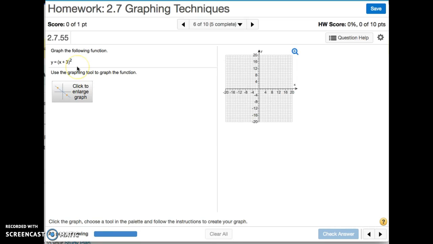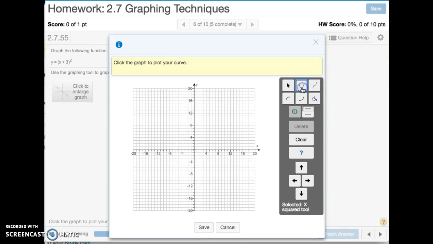Now this next question is quite similar to it. Y equals the quantity x plus 3 to the second power. Now this plus 3 in the parentheses means that the graph has been shifted to the left by 3 units. So we go to our graph. Again, select the parabola graphing tool.